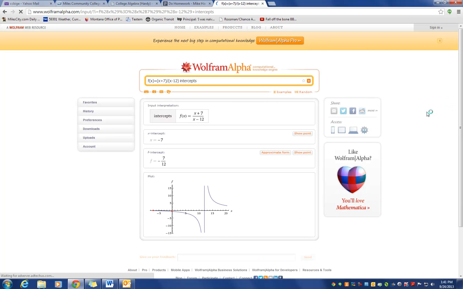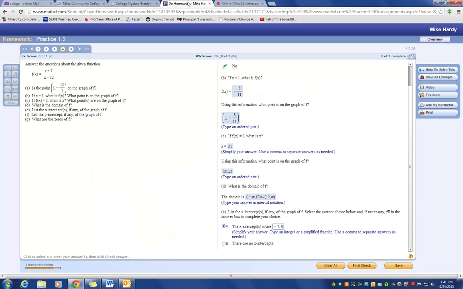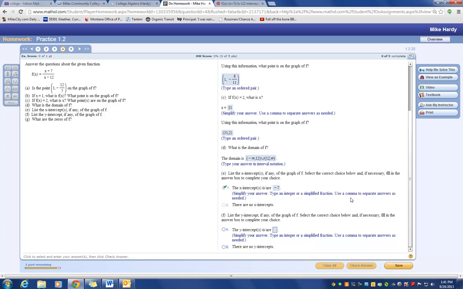That's the problem with a typed item. And then it lists the x-intercept and the y-intercept. So the only x-intercept it lists for this function, and now this looks like the function is in fact over here at -7. So we try one more time, -7, but get rid of the 0. Do our final check. Phew, we got it right.